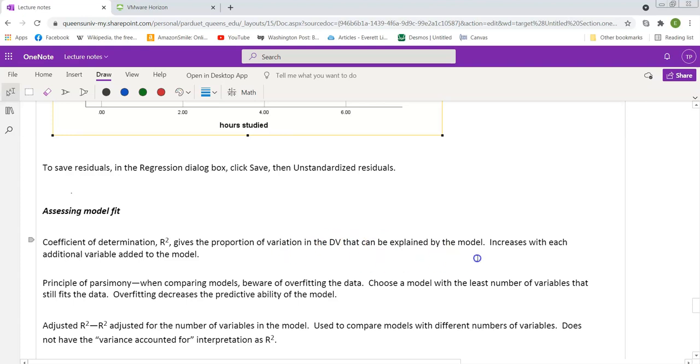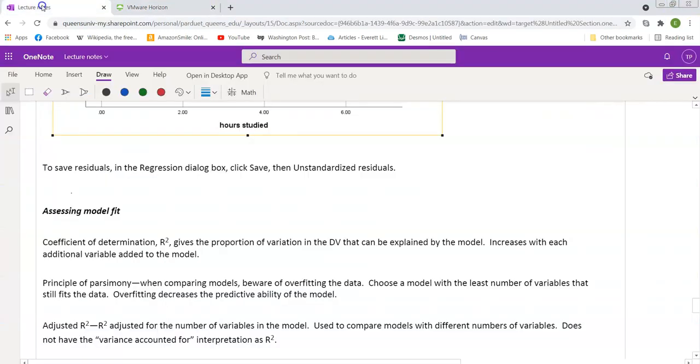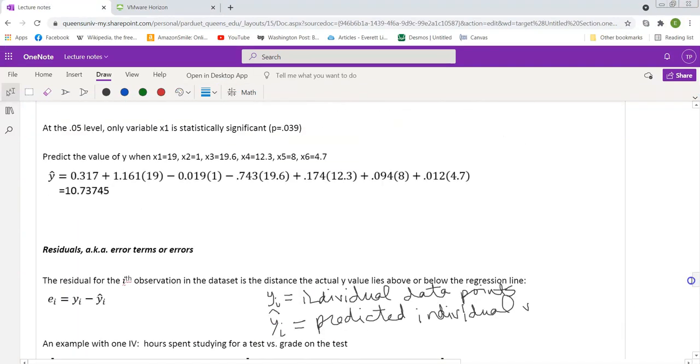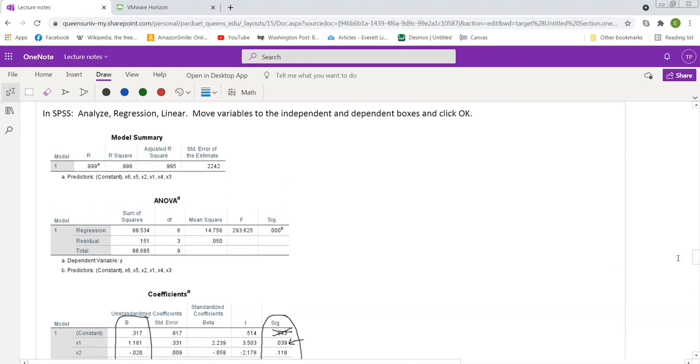Every time we add another variable, the coefficient of determination is going to increase. All right. So let's go back and look at our output and find our coefficient of determination. So this is our r squared.